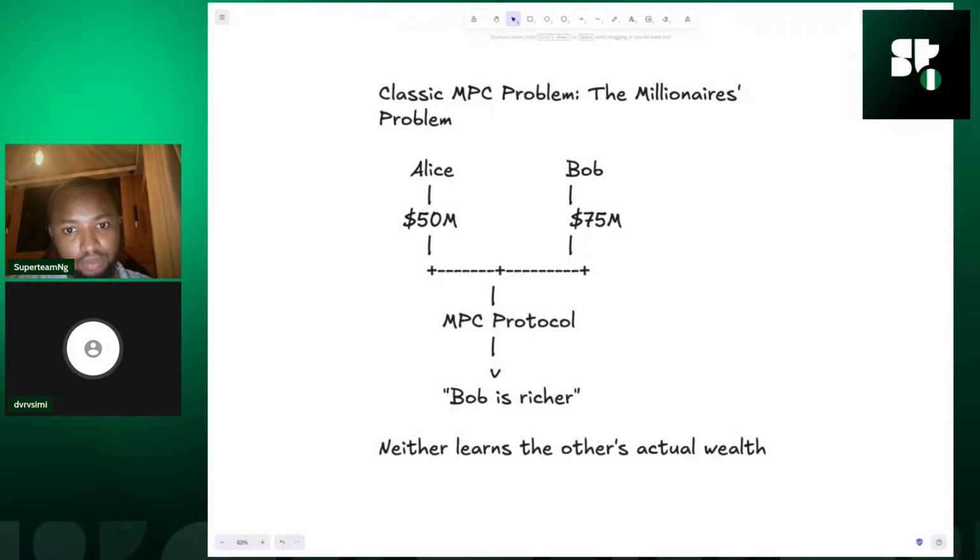They can use an MPC protocol, which compares these two inputs together and, not really returning the inputs, just says that the person with the highest input is the richest person, without actually showing their wealth. I hope that gives us an idea of what I'm talking about because we need it as we proceed.